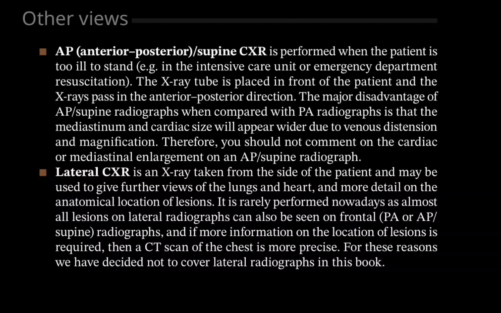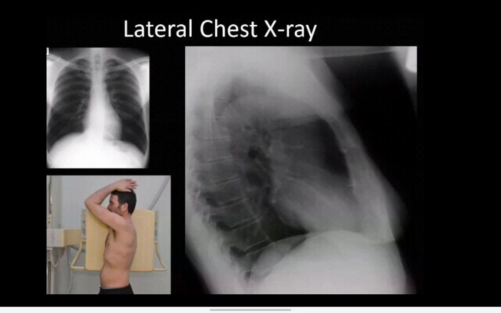Another view, the lateral chest X-ray. Let's see a diagram of the position of the patient in lateral chest X-ray first, then come back to the text. Here, a lateral chest radiograph diagram. The patient stands with his side to the X-ray tube and his other side to the film.